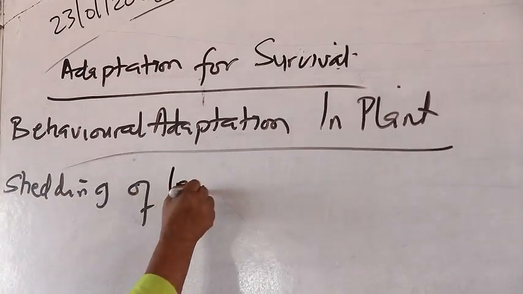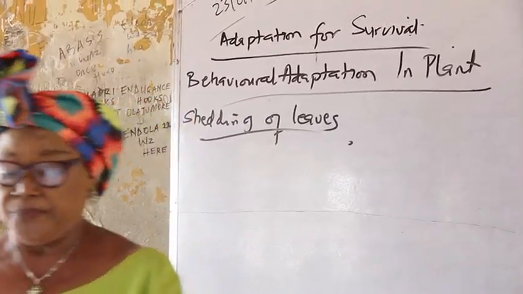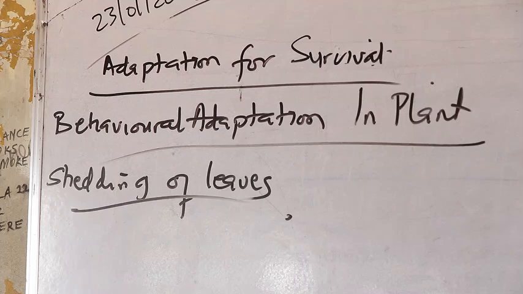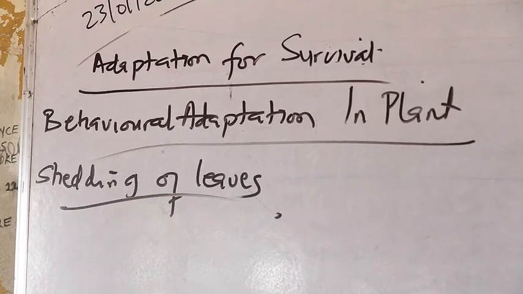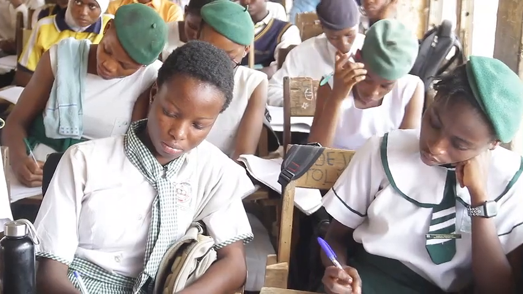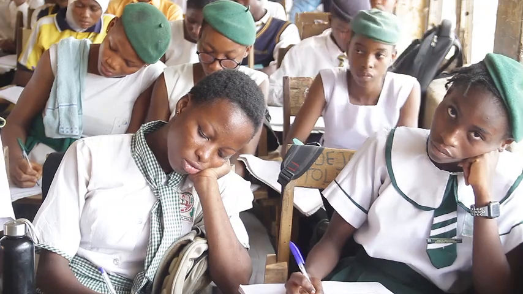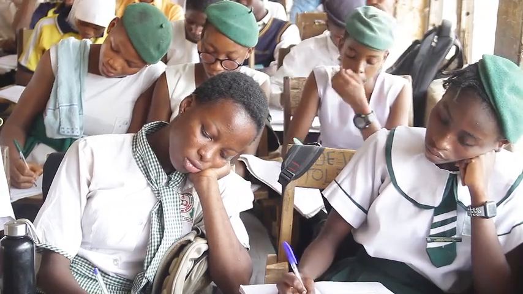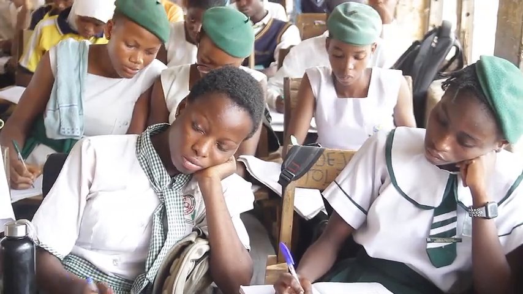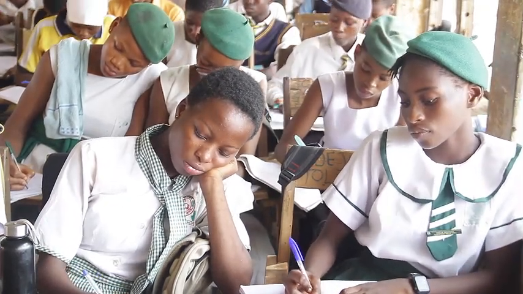Shedding of leaves: some plants shed their leaves during the dry season, like you can see now, in order to reduce water loss.